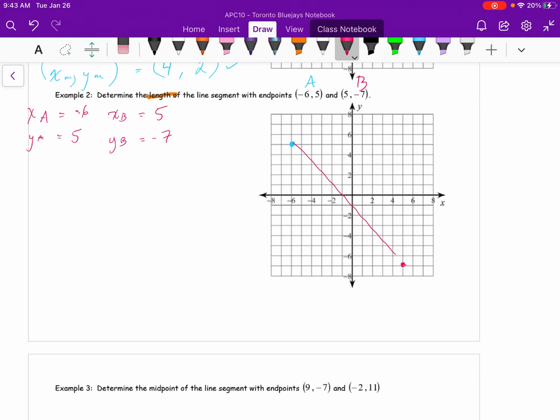If I'm calculating the distance, or the length of it, I could say AB. When I write AB with a bar over top, it's often referred to as the length of AB. So it is XA minus XB squared plus YA minus YB squared.